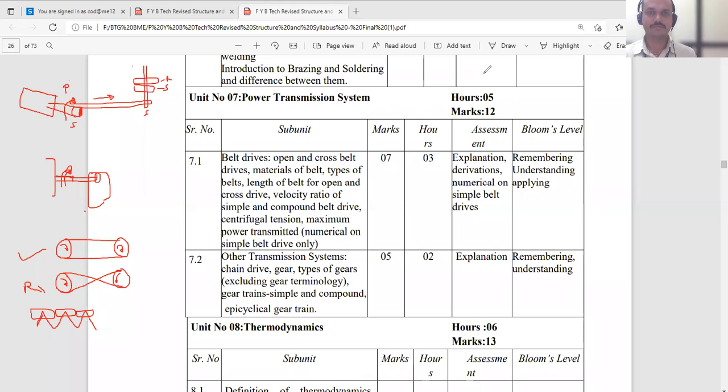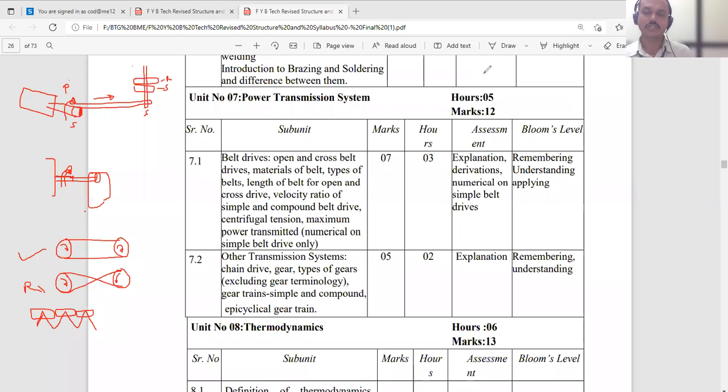Yes, sir. Bicycle, that I have explained. The bicycle, motorcycle, there are many things. Have you seen a chain pulley, chain block? It is also an example of that chain drive. Okay, but the design is different actually, but it is also a chain drive.